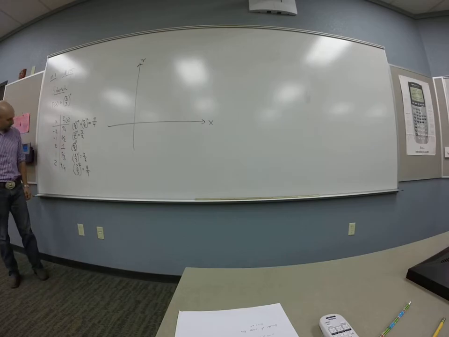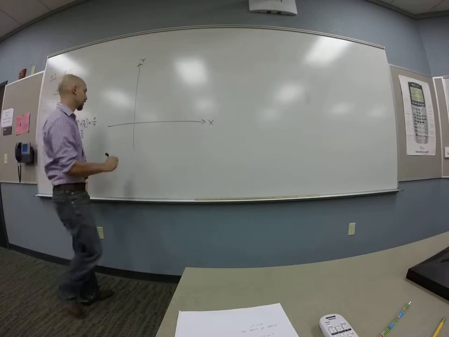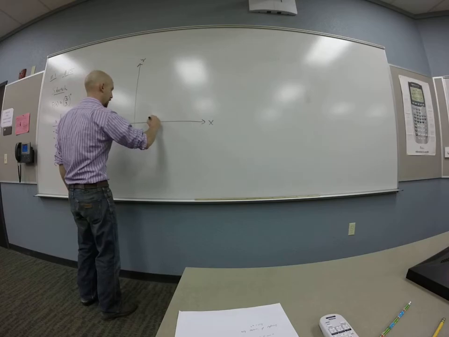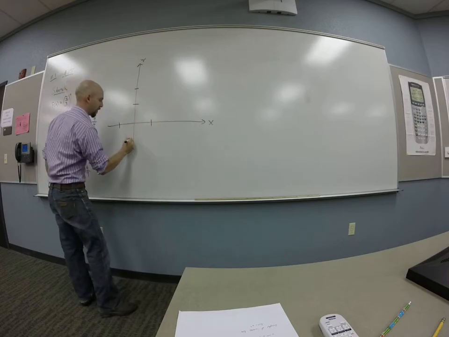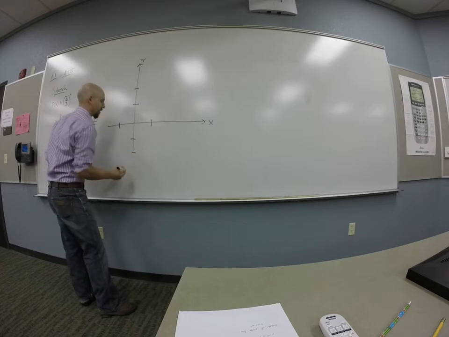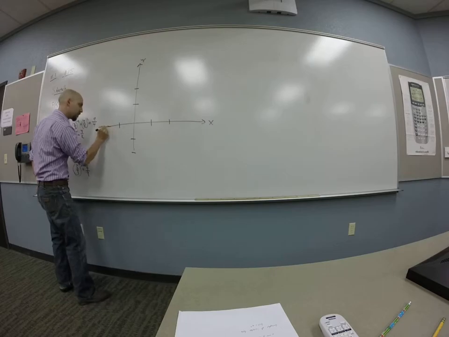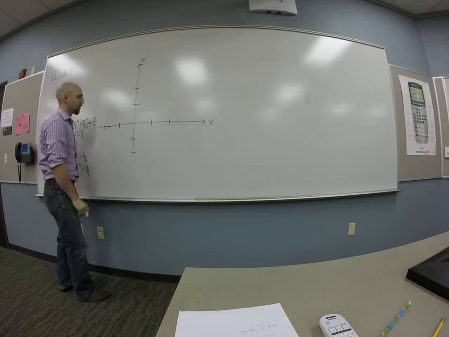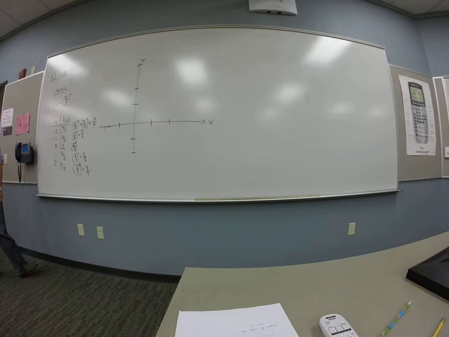Now I should try to graph. It looks like I've got not such a big graph to draw, right? I just need like 2 ticks in each direction. Okay, so where do my dots go?